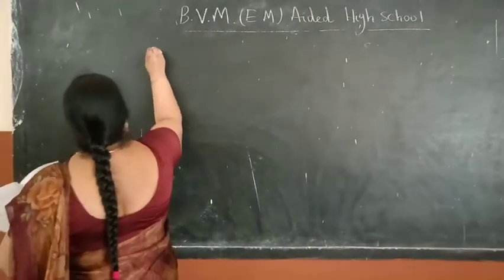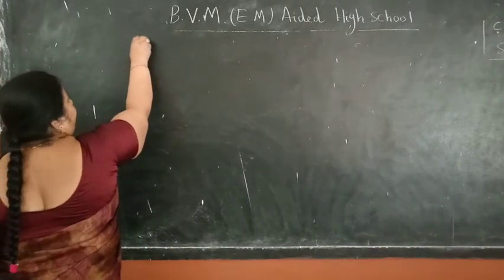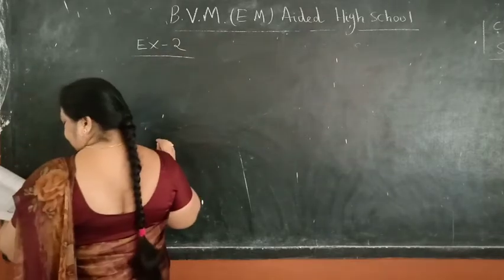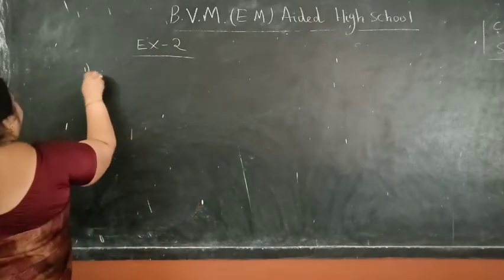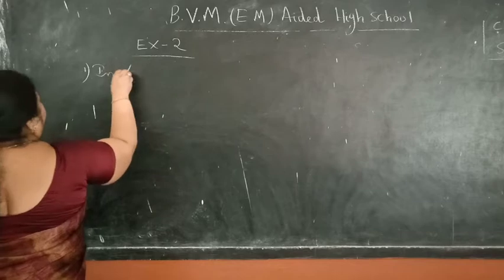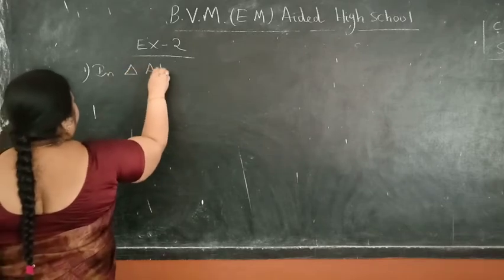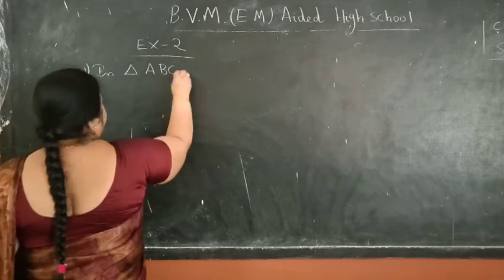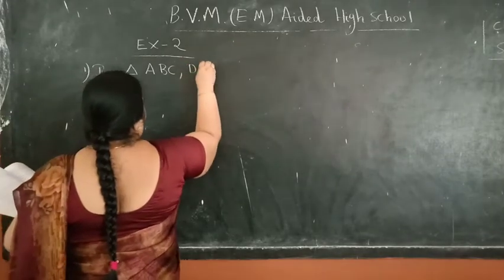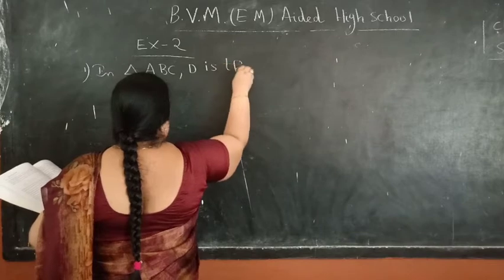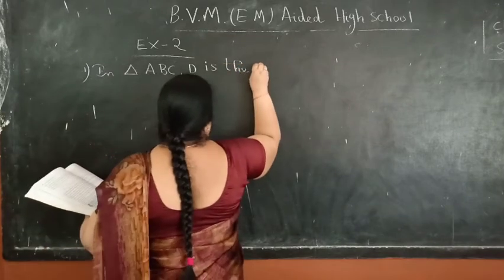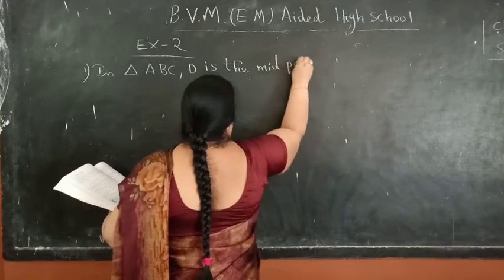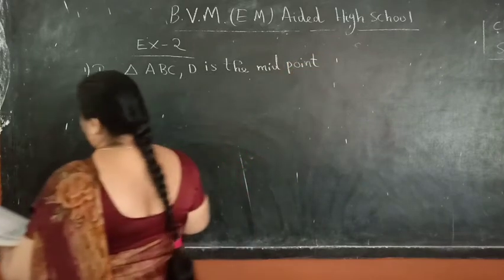Exercise 2. In Exercise 2, first question. In triangle ABC, D is the midpoint of BC.